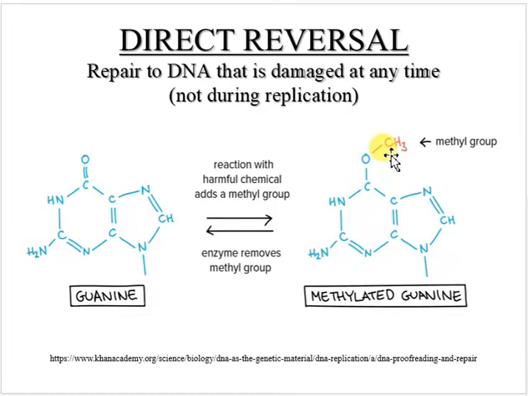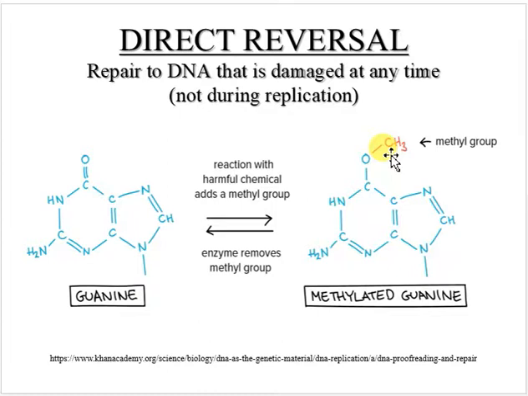So it's, again, relatively simple, and there are several mechanisms in which the damage is directly reversed. Most often it's by a single repair protein, and the great thing about it is that you don't have this incision made to the DNA backbone. The downfall is that it only mediates the reversal of a relatively small set of DNA lesions.